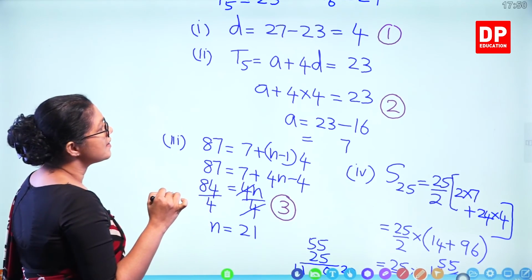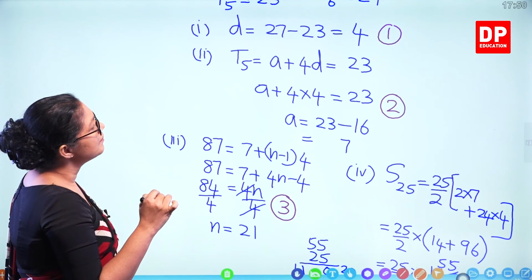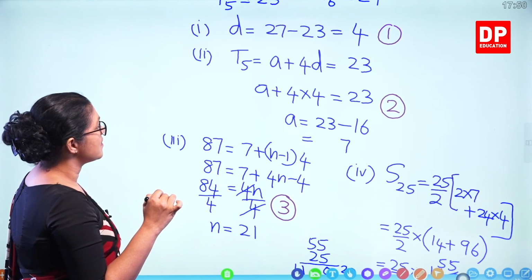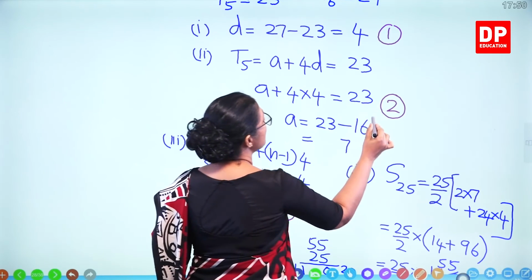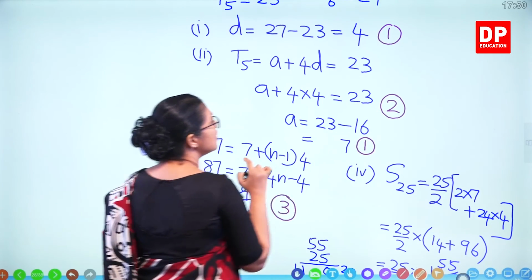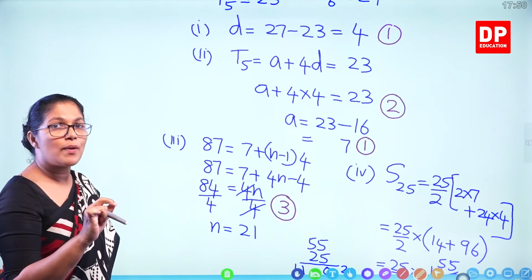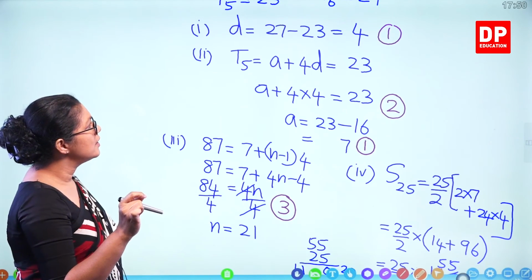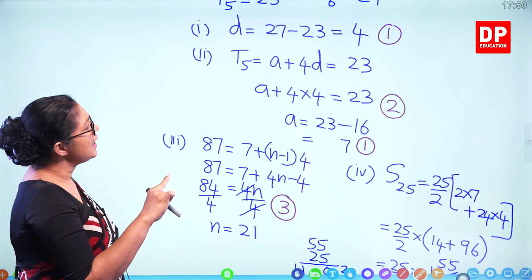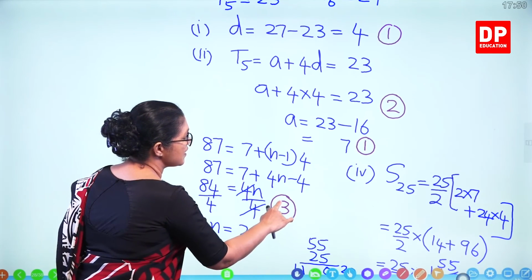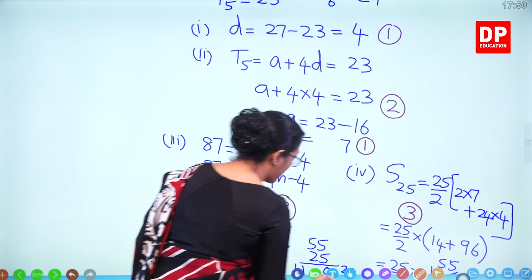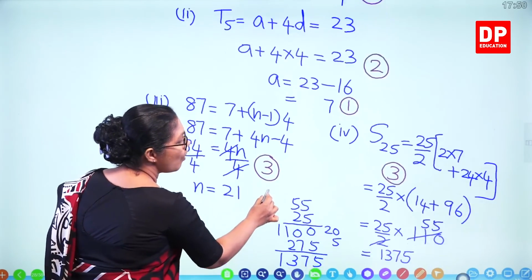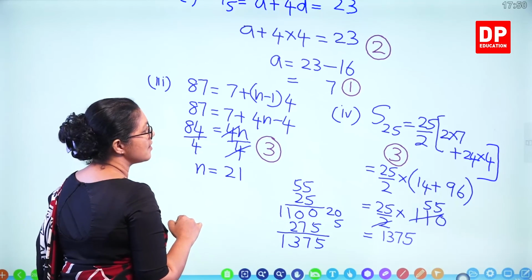So 3 plus 3, 6. And here we can increase 1 mark there. So here another 1 mark, because you have to create the equation and substitute the value. So 3, 4, 5, 6, 7 and the last part 3 marks for this answer.